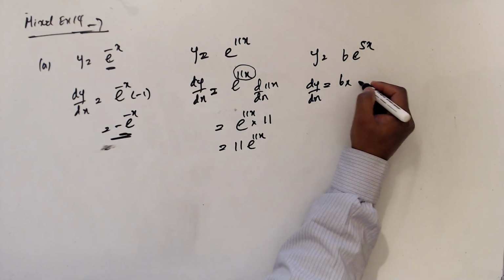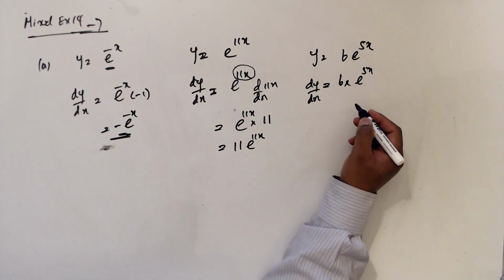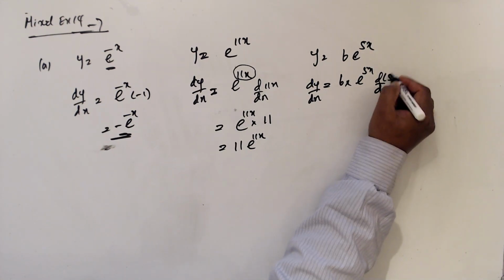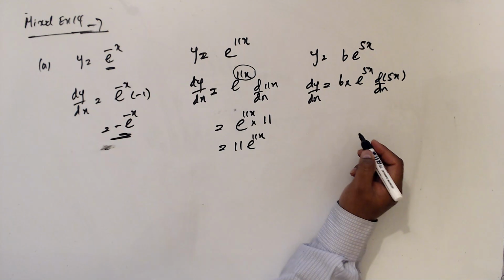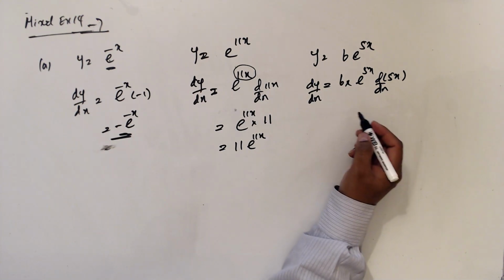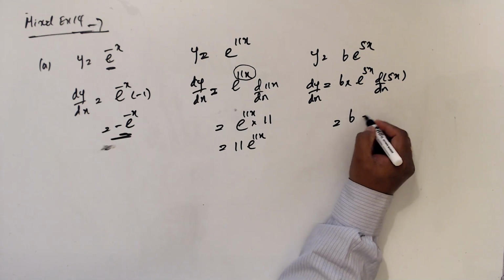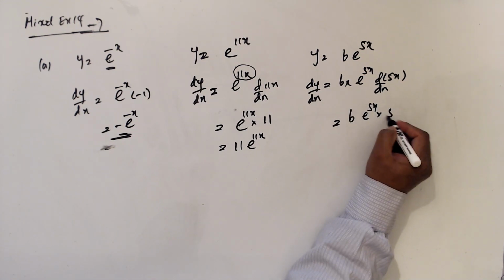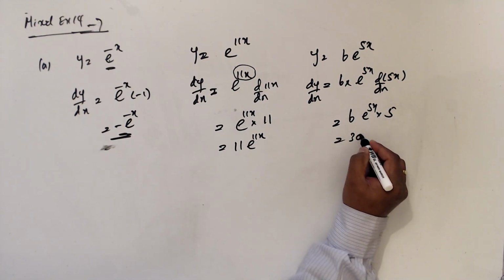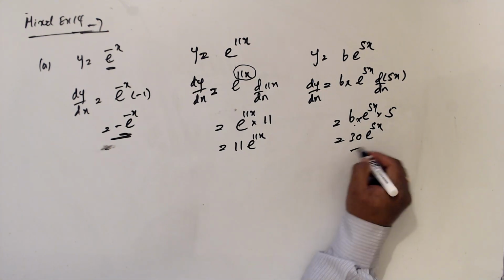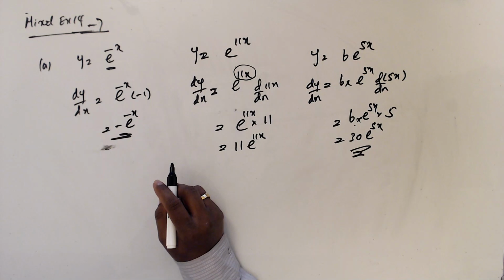Then rewrite this one, e to the power 5x. Then differentiate as usual the other part again. So this is going to be 6 e to the power 5x times 5. 6 times 5, 30 e to the power 5x. That's how this answer comes.